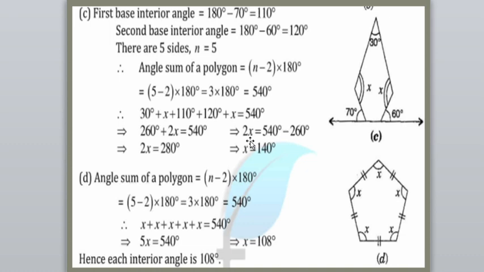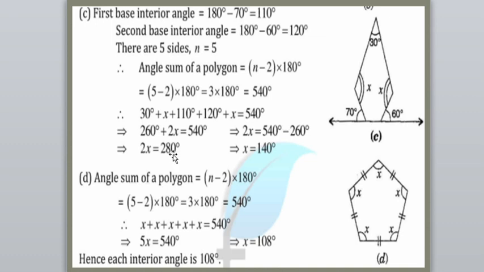So that is 2x equals 540 degrees minus 260 degrees, which is 2x equals 280 degrees. So now we got 2x as 280 degrees, but here it is given angle x, and we have to find out the measure of x only.